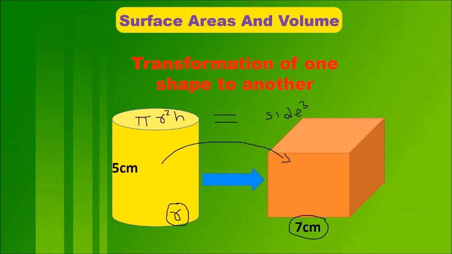So measurement of side is given 7 centimeter, measurement of height is given 5 centimeter. Now we can find out the measurement of radius. In place of pi we can place either 22 upon 7 or 3.14. After putting the value of pi, h and side, we can find out the measurement of radius.